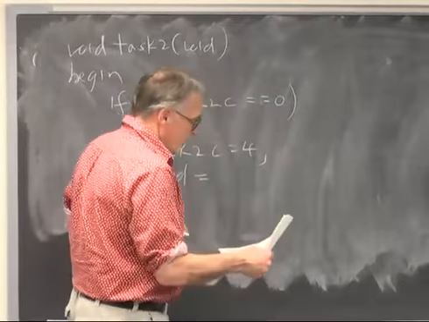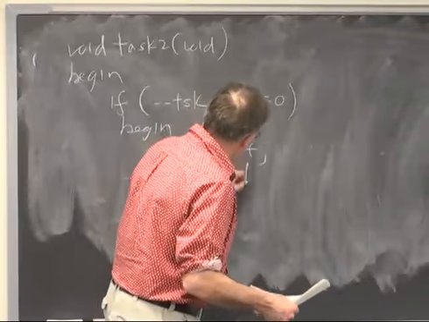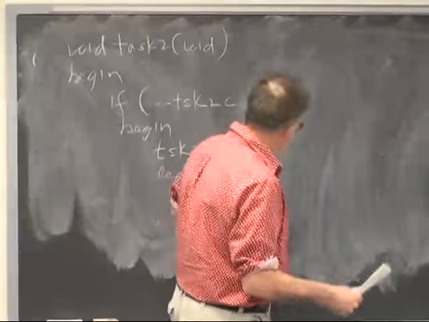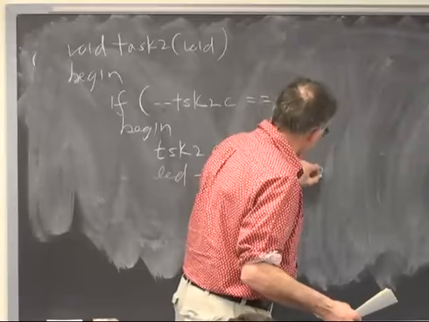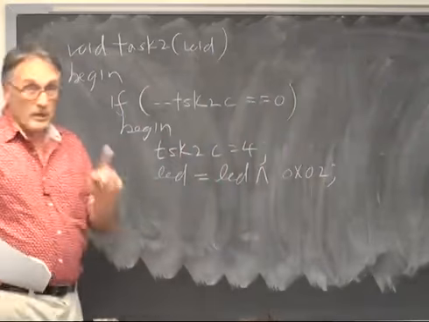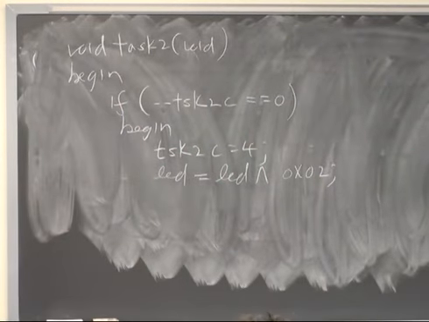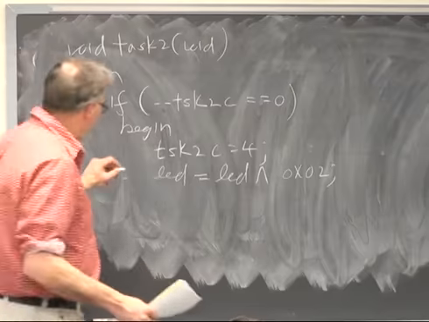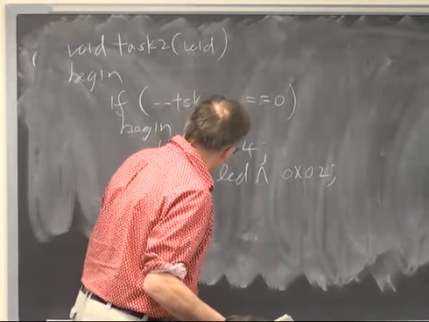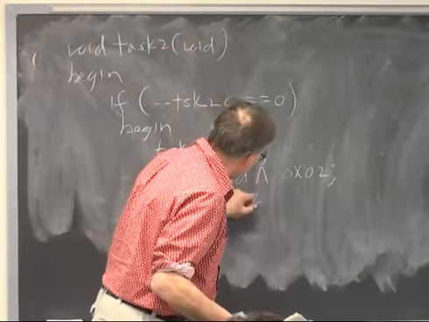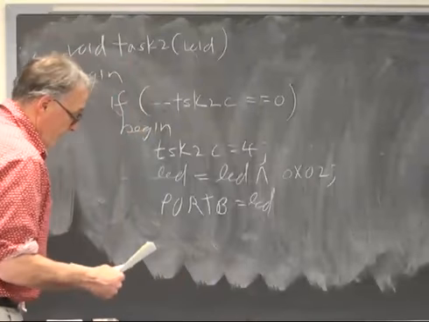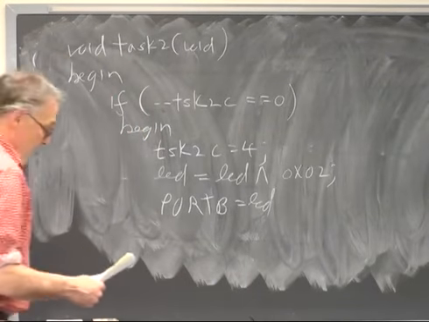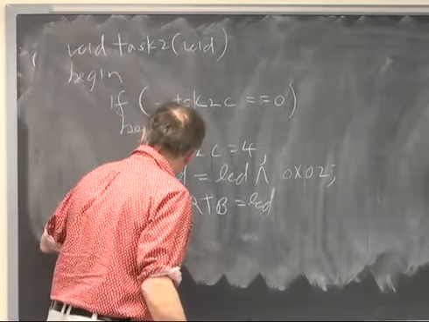So LED is equal to LED, and then we're going to XOR this with 0x02, bit 1. I'll put this to port B. And end.